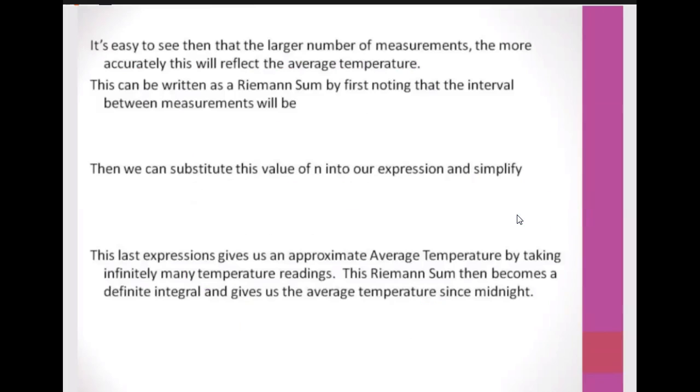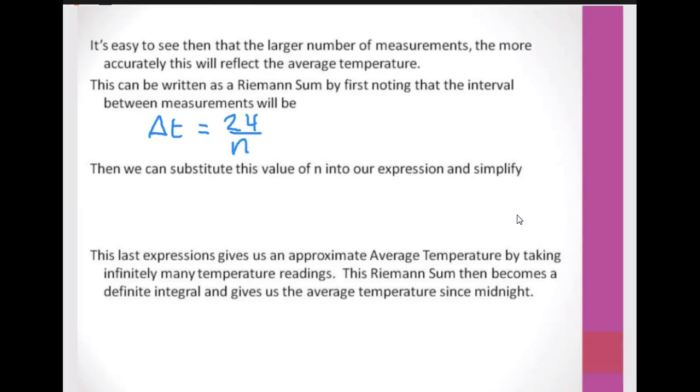So in calc, what we do is think of average temperature kind of like a Riemann sum. So if you think about taking larger measurements, that's like making larger rectangles. That would make the delta t equal to 24 divided by n.